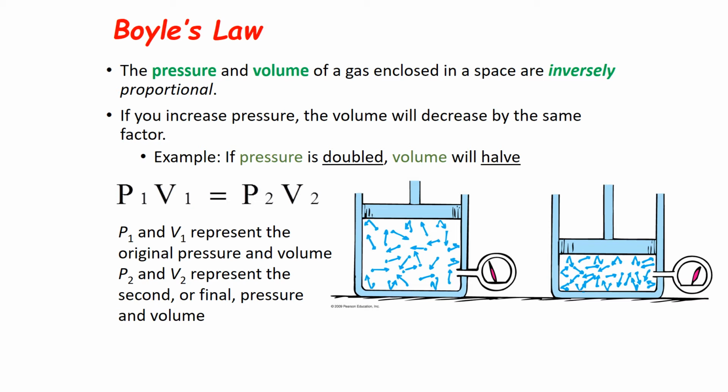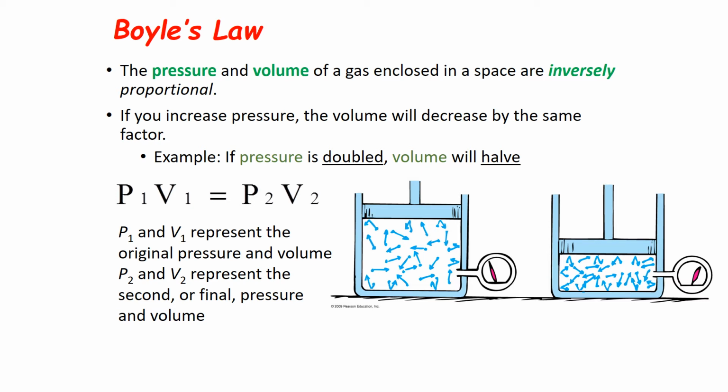The pressure and volume of a gas enclosed in a space, on the other hand, are inversely proportional. If you increase pressure, the volume will decrease by the same factor. For example, if pressure is doubled, volume will be halved.